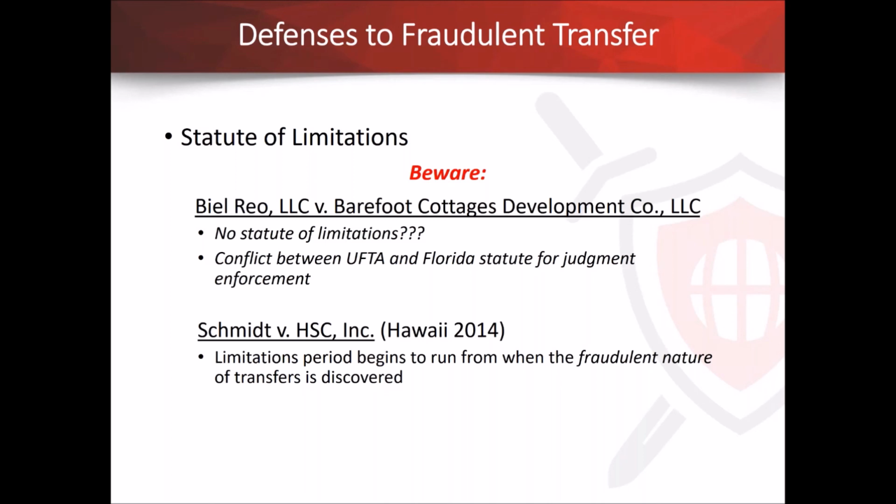They said the 1 year discovery rule shouldn't run until we know the fraudulent nature of the transfer. Hawaii bought that. Washington's another state that allows that. That argument was recently made in a 2016 case in Florida, and Florida rejected that notion and said no, it's 1 year from the date of the transfer.